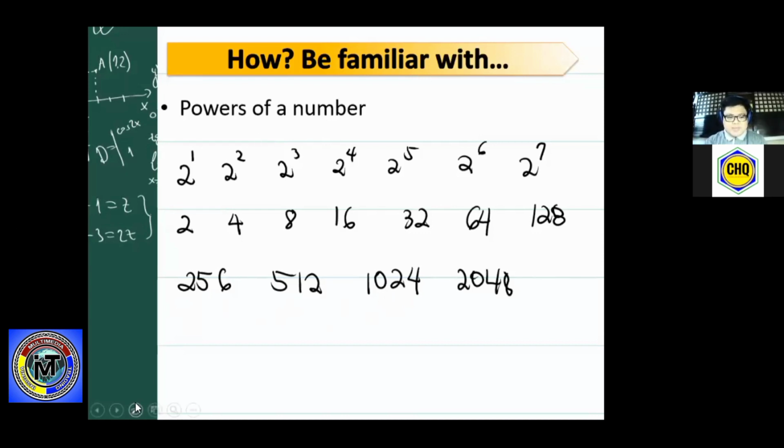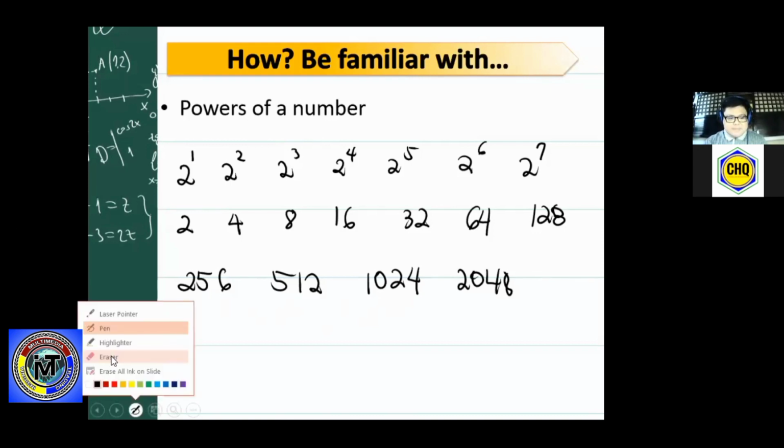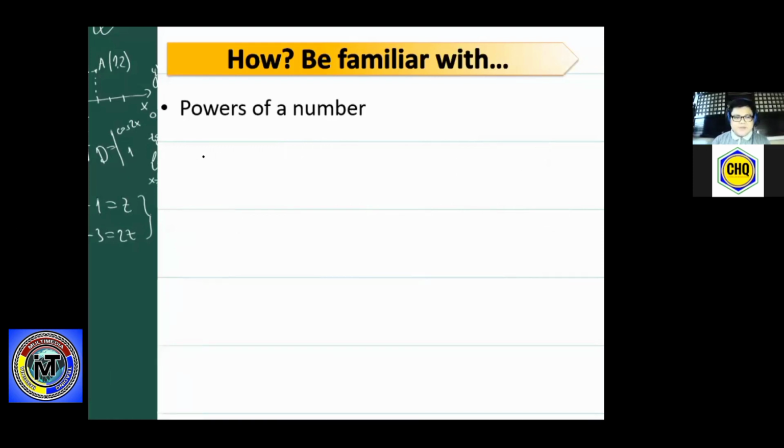Also, it's easy to remember the powers of 3. Powers of 3: 3 squared is 9, 3 cubed is 27, times 3 is 81, times 3 again, that is 243.